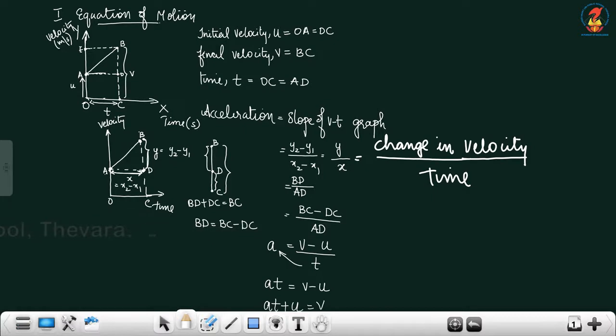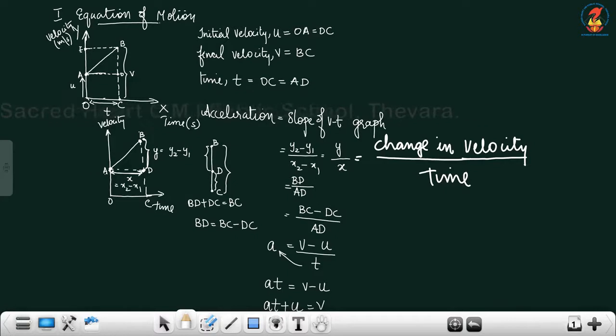So, you will get BD equal to BC minus DC by AD, where BC equal to V, DC equal to U and AD equal to T. So, you will get an equation like this: A equal to V minus U by T. Just cross multiply this T to this side.